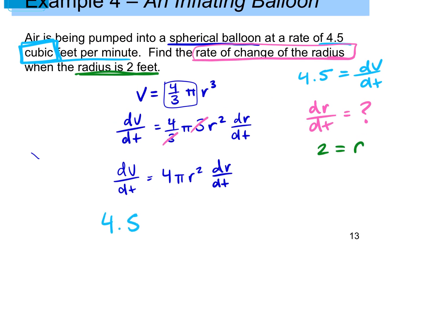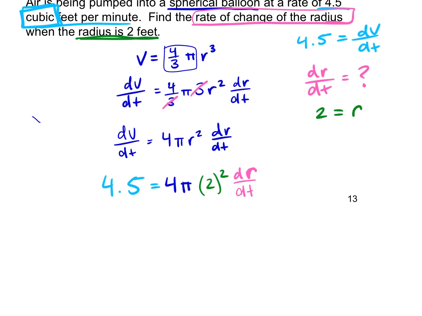Let's plug in. So 4.5 is equal to 4 pi, 2 is getting plugged into the radius, so 2 squared times dr over dt. That we don't know yet. So we have 4.5 is equal to 2 squared, which is 4, and 4 times 4 is 16 pi dr over dt.